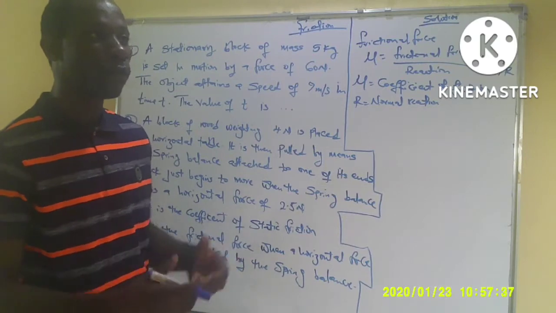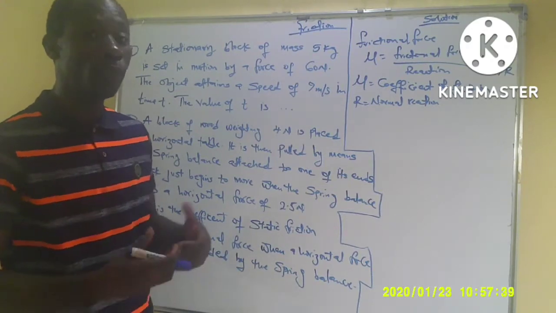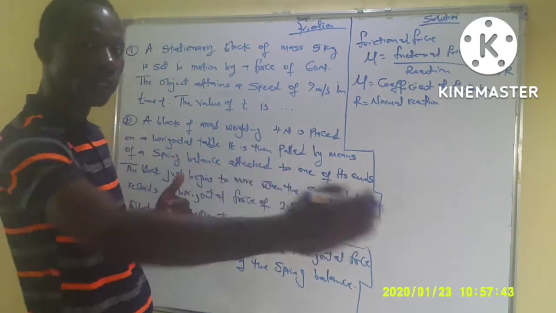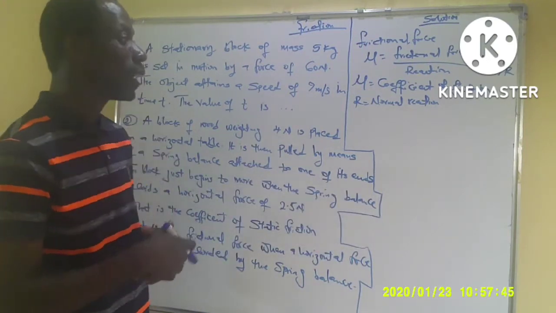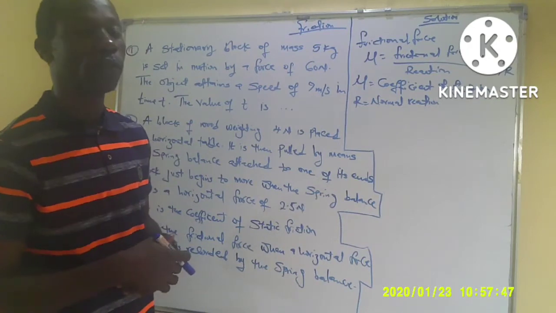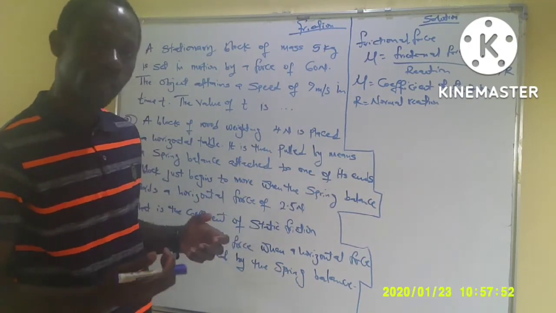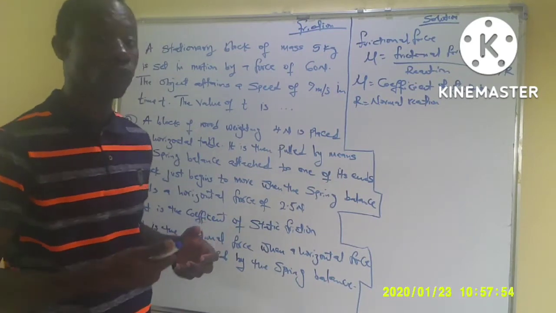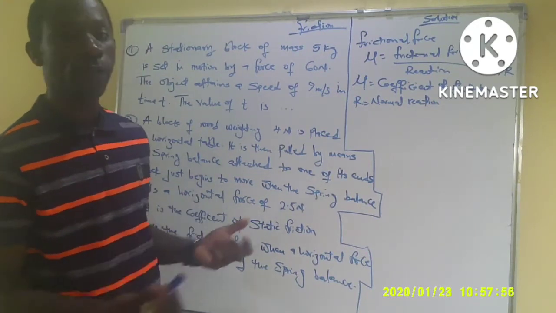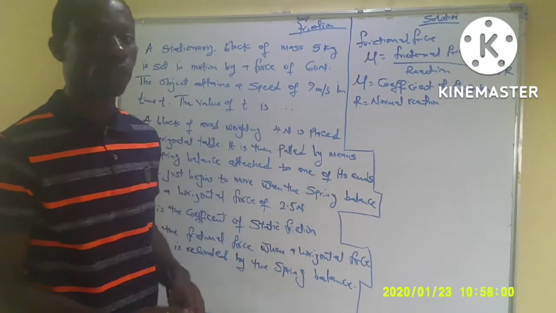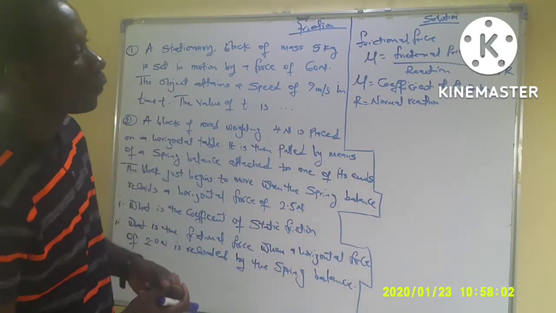Dynamic frictional force is the force that keeps the body in motion at a uniform speed. That force that keeps the body moving is the dynamic or kinematic frictional force. And you need to know that if a body is at rest, the force needed to move the body from rest will be higher. So static frictional force is higher than dynamic frictional force.